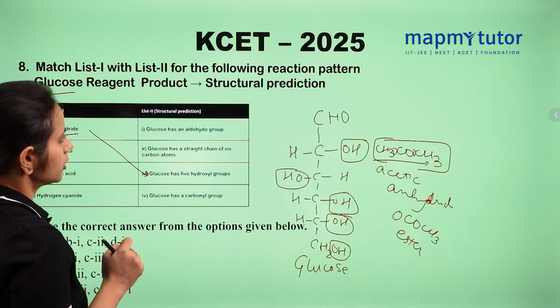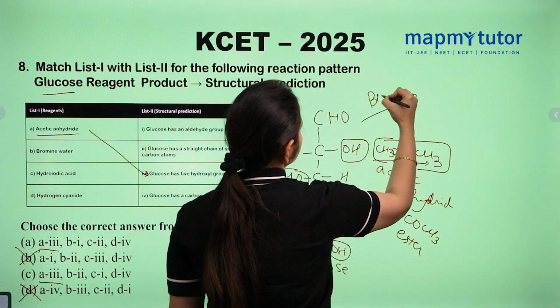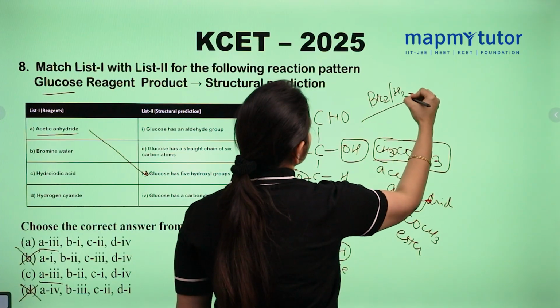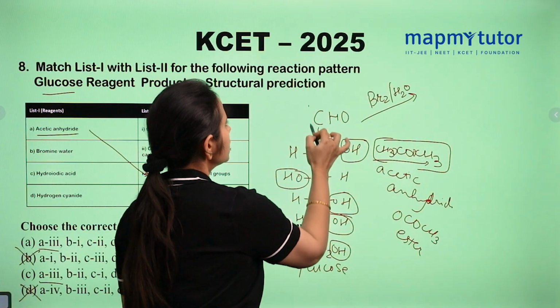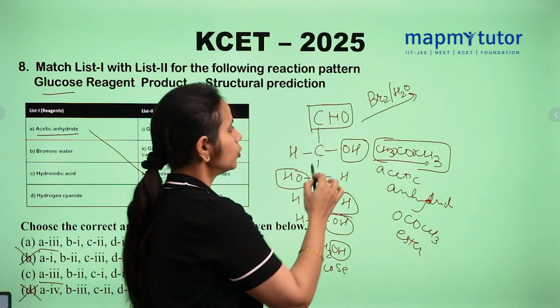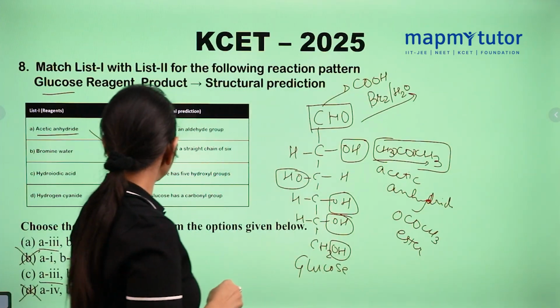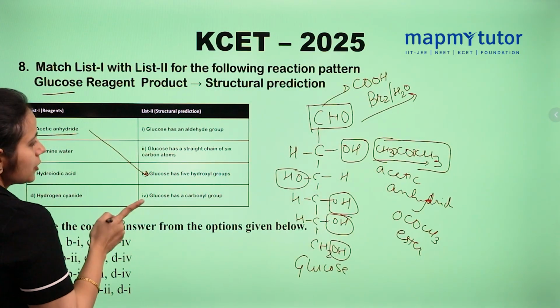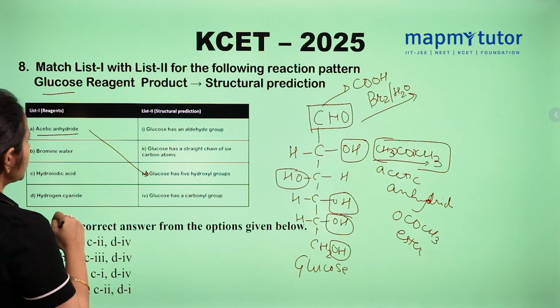Next is bromine water. What will happen if we react glucose with bromine water? It will convert the aldehyde group into acid. From this we get to know that an aldehyde group is present.